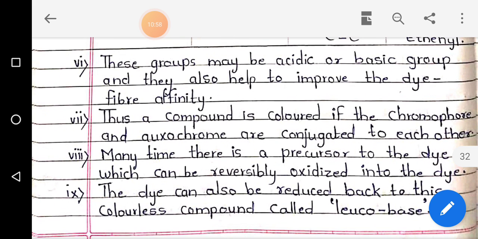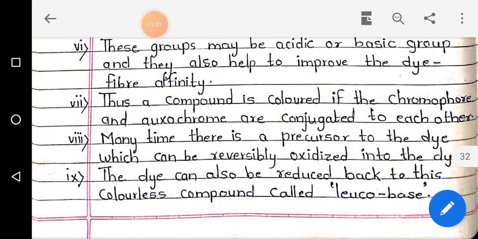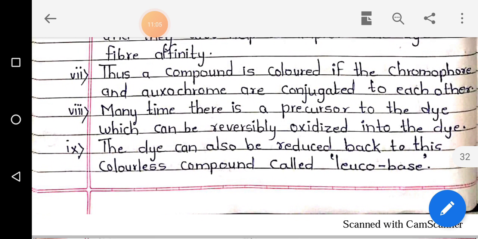They also help to improve the dye-fiber affinity. Thus a compound is colored if the chromophore and auxochromes are conjugated to each other, or attached to each other.